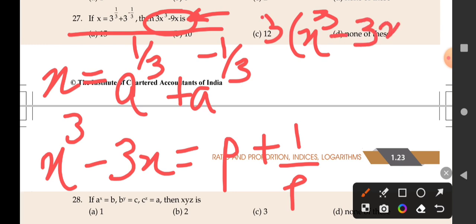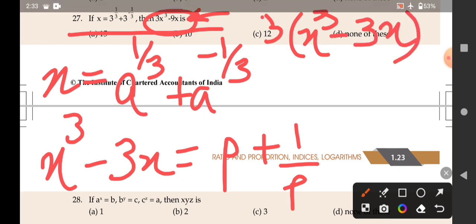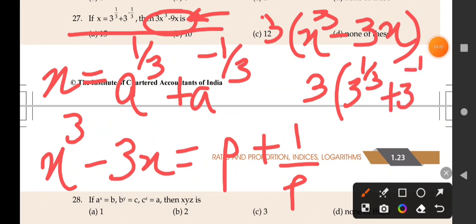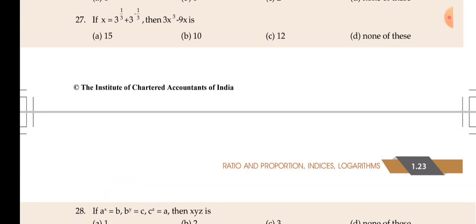Minus 3x, correct? So we have 3 into x, which is 3 power 1 by 3 plus 3 power minus 1 by 3. Sorry, I mean a plus, oh, I'm sorry.